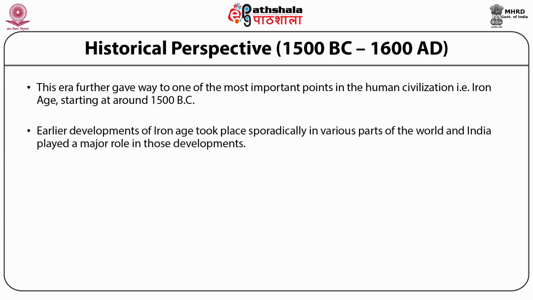Earlier developments of the Iron Age took place sporadically in various parts of the world, and India played a major role in those developments. One of the finest examples of the Iron Age is the Iron Pillar, currently located in Delhi, which has stood the test of time since the 4th century CE.